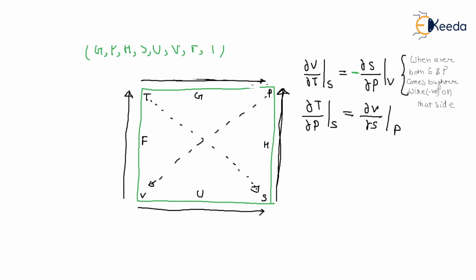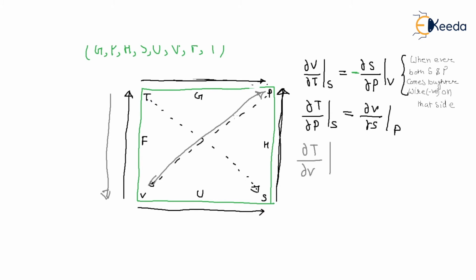So if you draw another line like that, from tail to head, ∂V/∂T at constant H. No, this is the opposite line, in this manner.